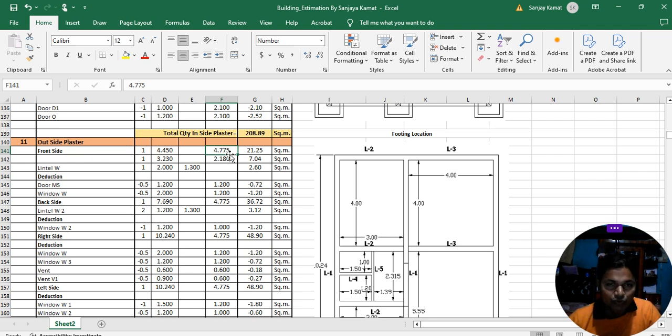Once you have the three values, multiply them and you will get 21.25 meter square.